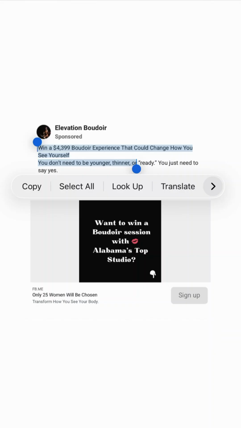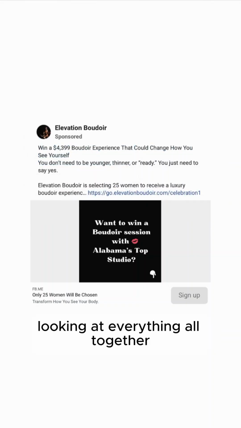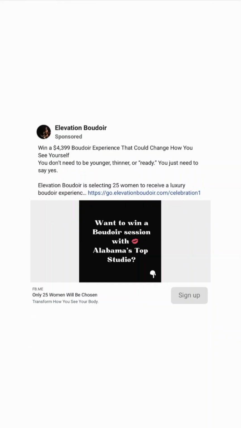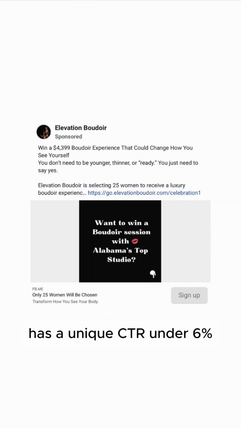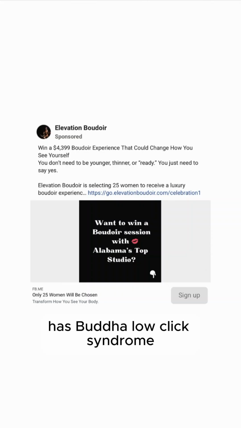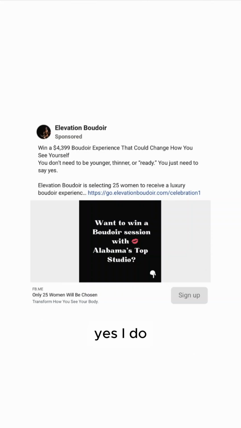Now, looking at everything all together, do I believe this Boudoir Facebook ad has a unique CTR under 6%, has Boudoir low click syndrome? Yes, I do.